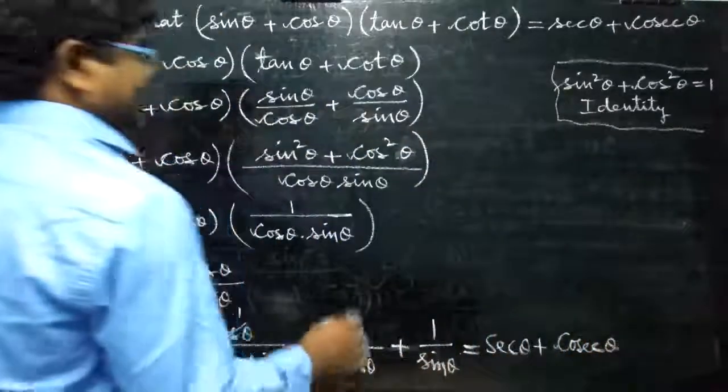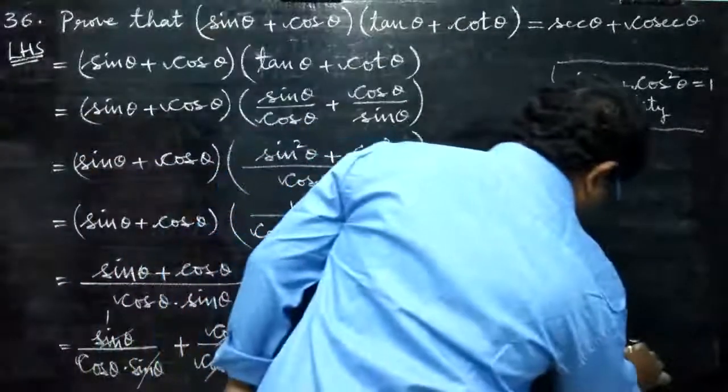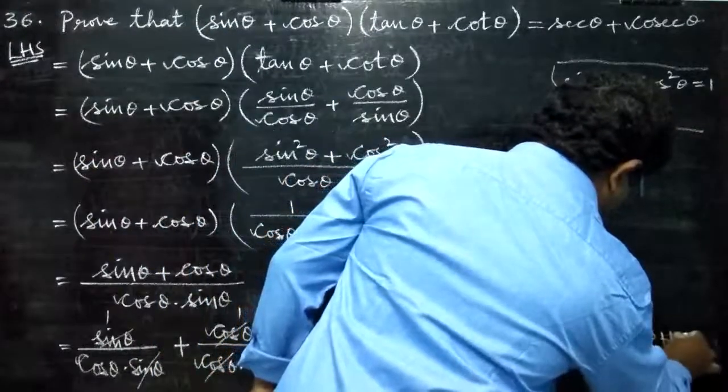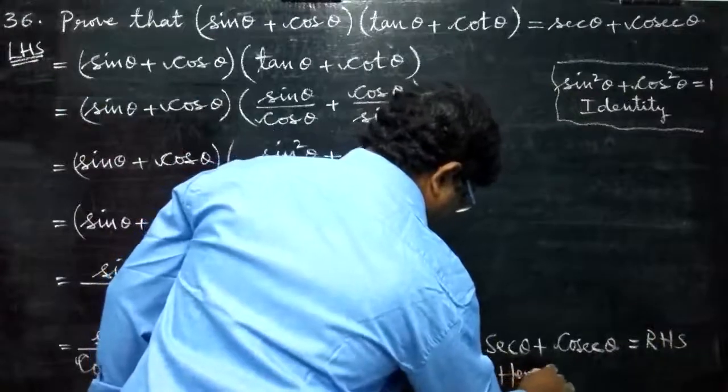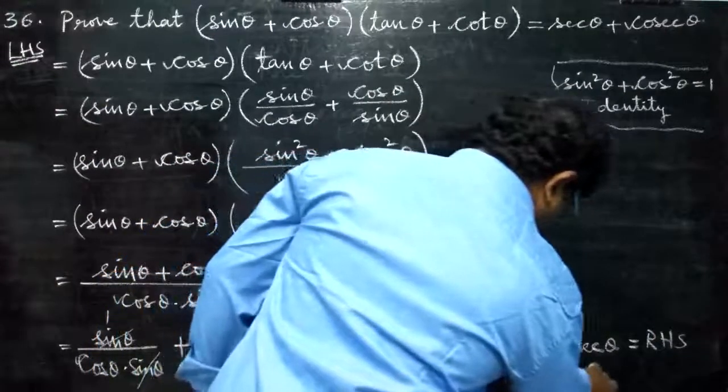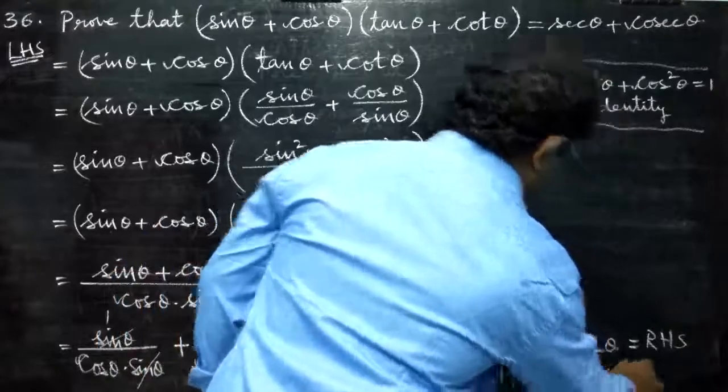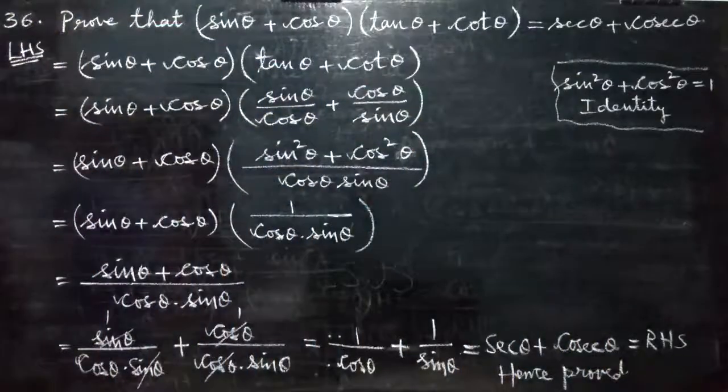Where we started? LHS. Where we reach is equal to RHS. Hence proved. Here we used one identity, sin square theta plus cos square theta is equal to 1, and one more thing: 1 by cos means secant, 1 by sin means cosecant. So secant theta plus cosecant theta is equal to RHS. Hence proved.